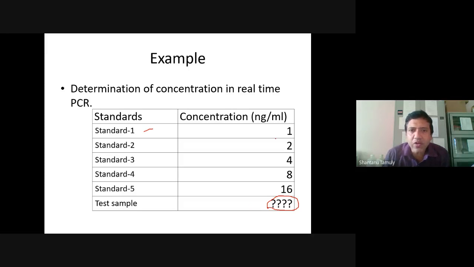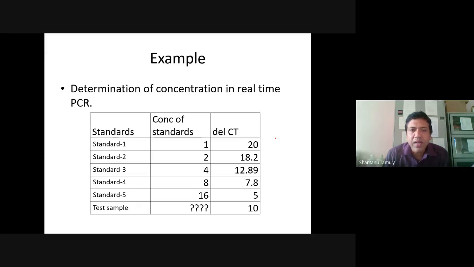So then we perform the real-time PCR, and in real-time PCR, we get a value that is called delta CT, or in short, del CT. So now you see here, what is the X variable and what is the Y variable? We have seen that the Y variable is that variable that is to be estimated, and the X variable is that variable which is available to us, and which will help us in estimating the Y variable.